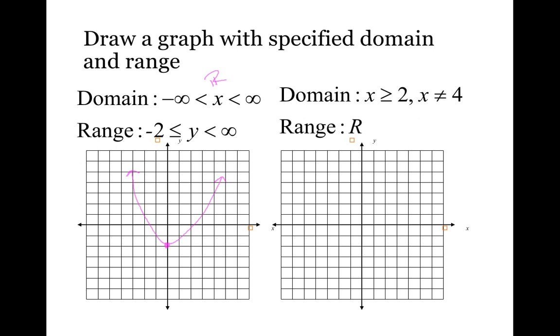Let's see. This one, the domain is greater than or equal to 2. Here's 2, but it's not going to be equal to 4. Okay. And the range is going to be all real numbers.